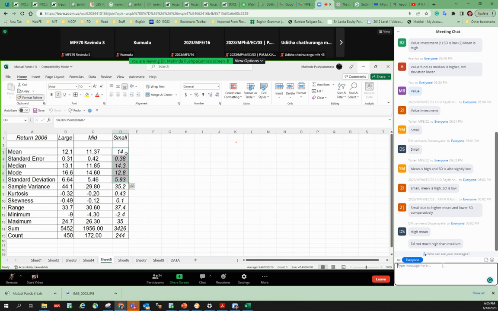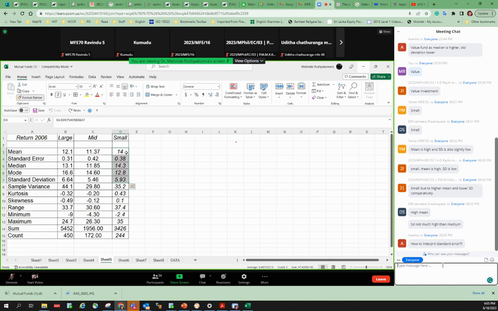Now the same method you can apply to analyze information in the share market. Let's say you can select listed companies and get the data related to daily return or maybe monthly return.